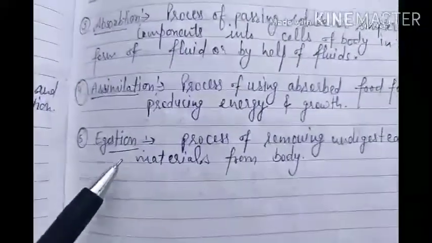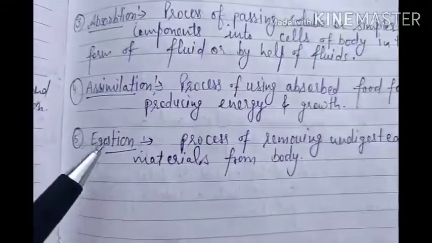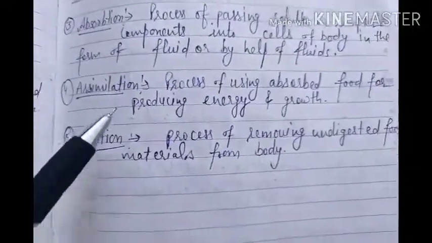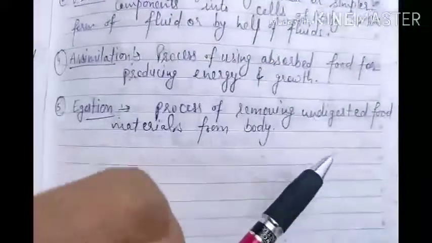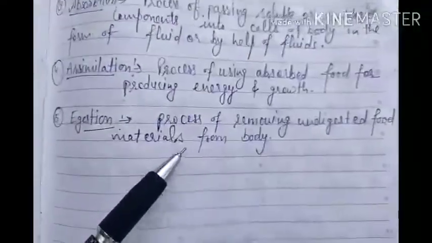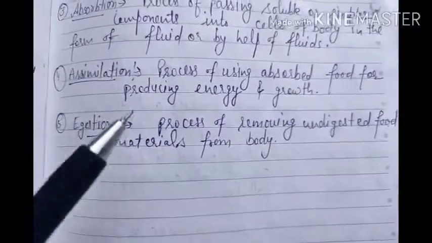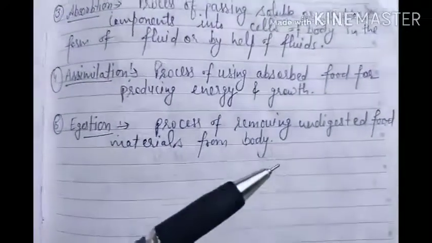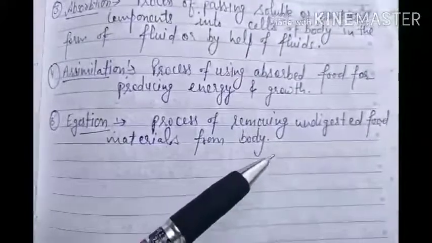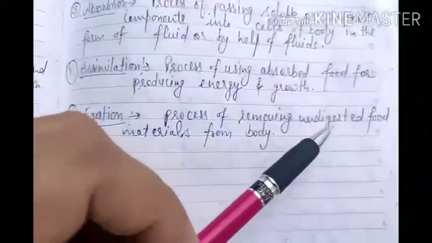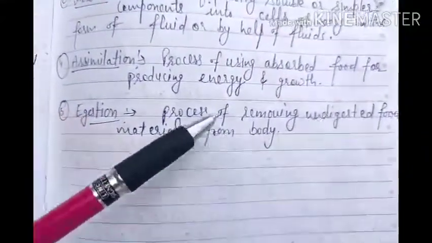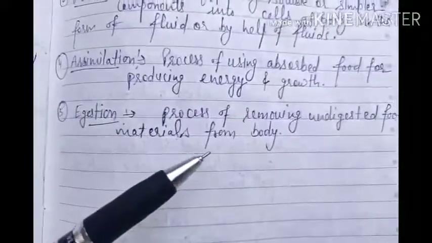Then the last step is egestion. Egestion means to remove waste or undigested food outside the body. Whatever food is not digested by our body or by animals, the waste particles of food, will be removed from our body. That process is called egestion.